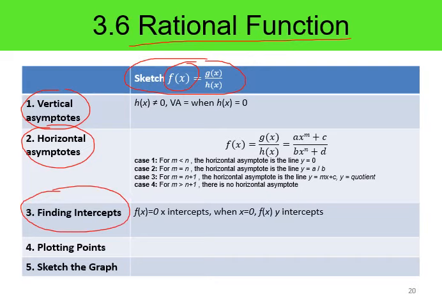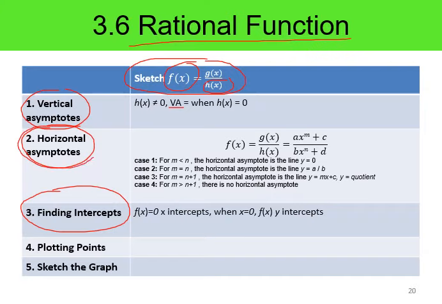The first one is the vertical asymptotes. We can write it as vertical asymptotes. It happens when h(x) cannot equal 0. In order to find it, we just make h(x) equal to 0.